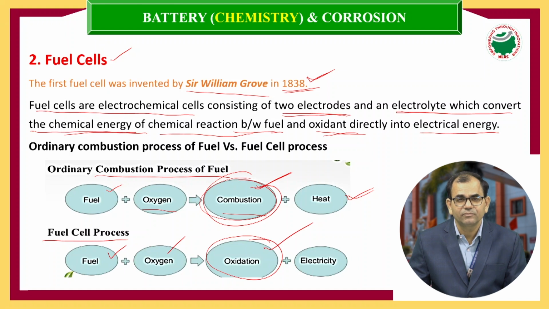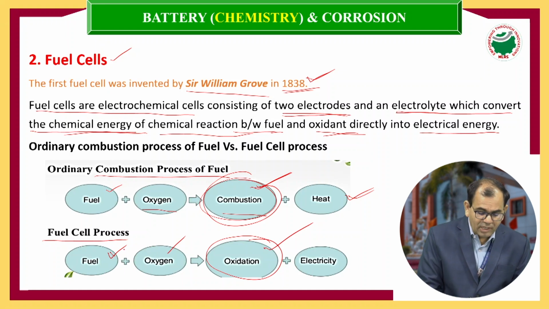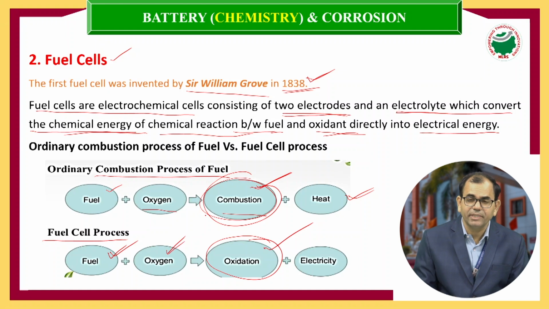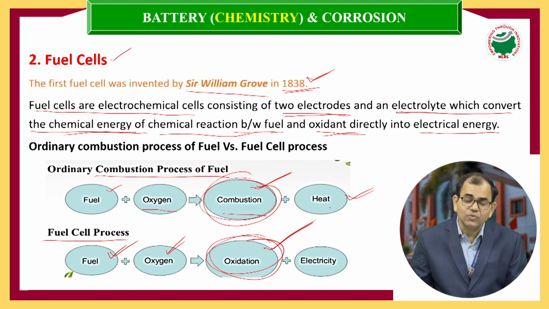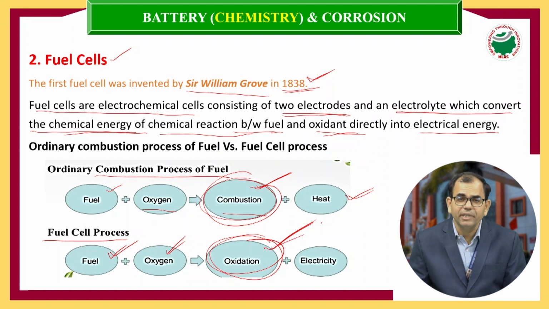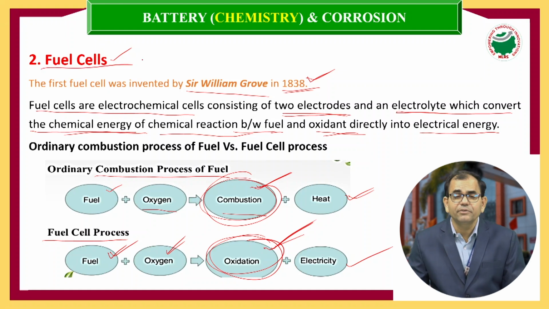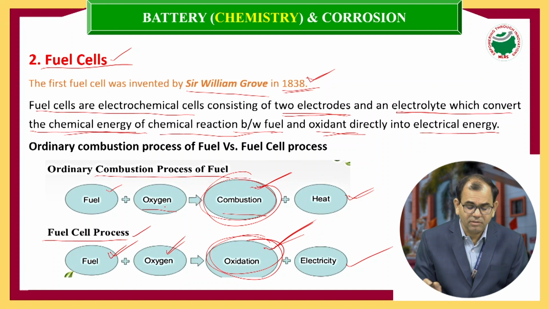So fuel with the help of atmospheric oxygen undergoes oxidation, which means loss or release of electrons. The electrons released at oxidation combine with the cathodic part and reduction takes place, followed by electricity generation. That is the basic difference between an ordinary combustion process and a fuel cell.